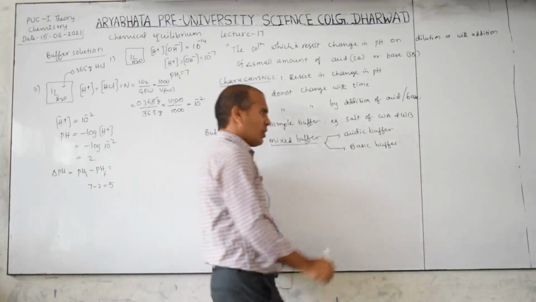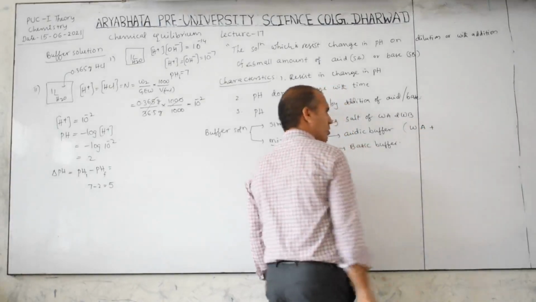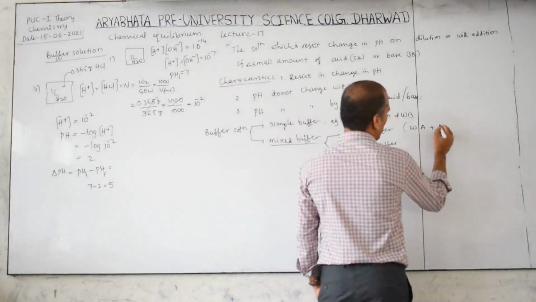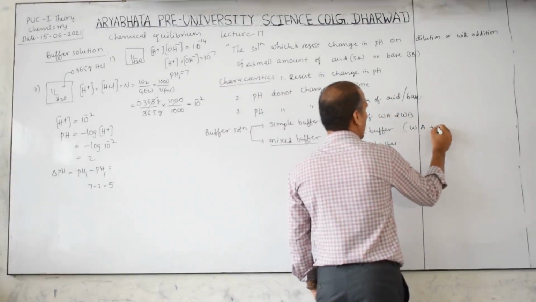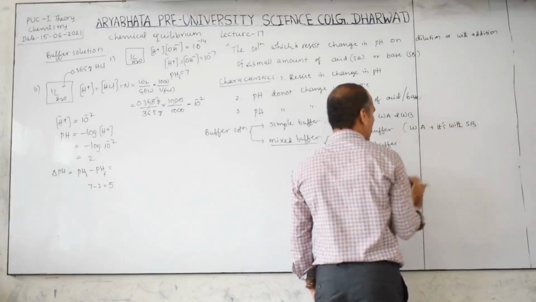Acidic buffer example is weak acid plus its salt with strong base.